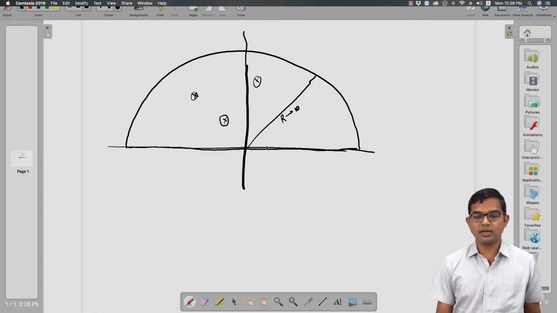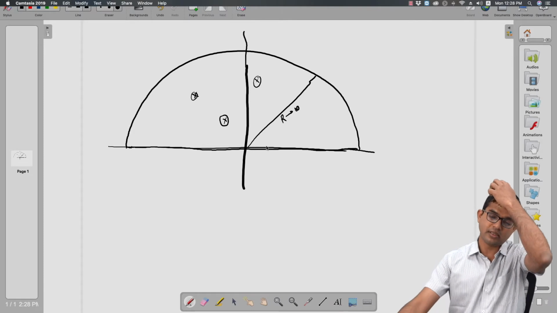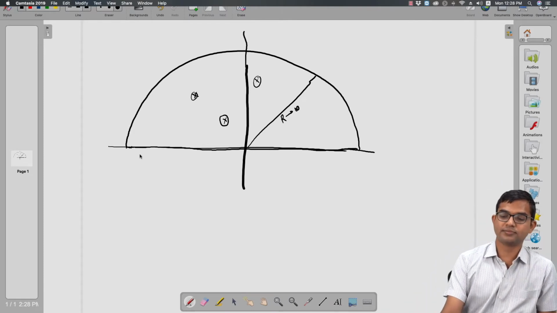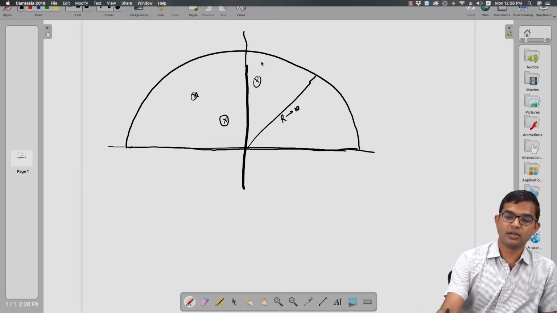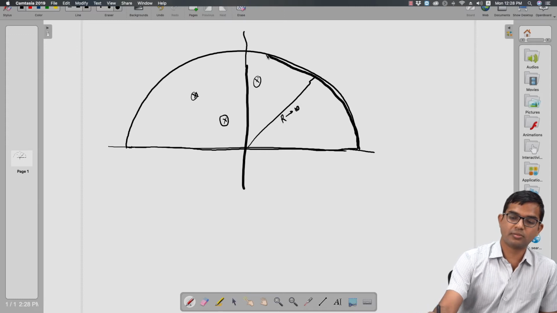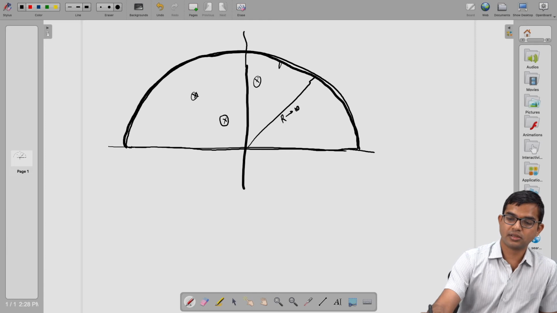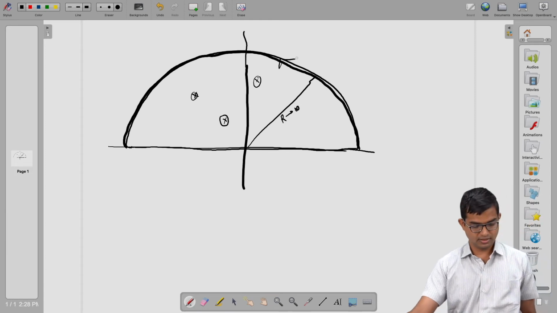Now, I said the other ingredient in being able to evaluate such integrals along the x-axis is to be able to convince ourselves that the integral along this large semicircular region must go to 0, right? So that's where this thing called Jordan's lemma comes into play.